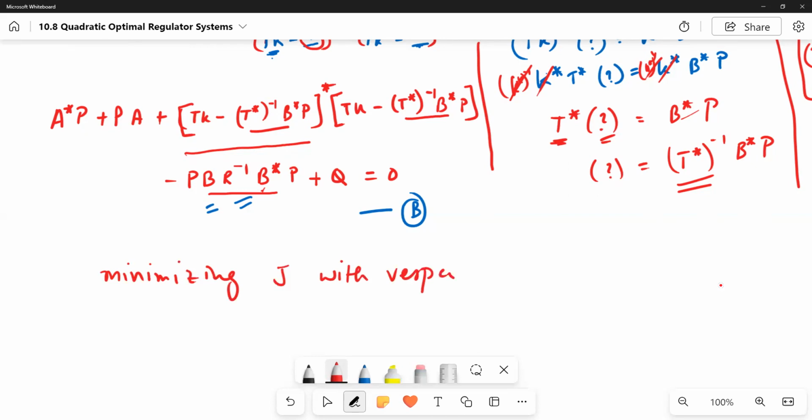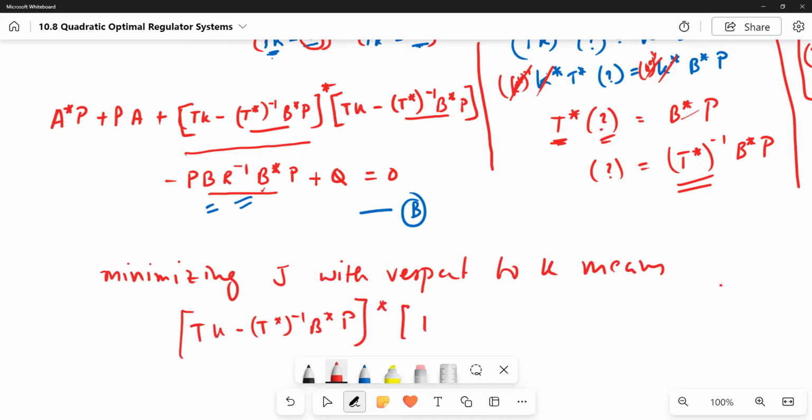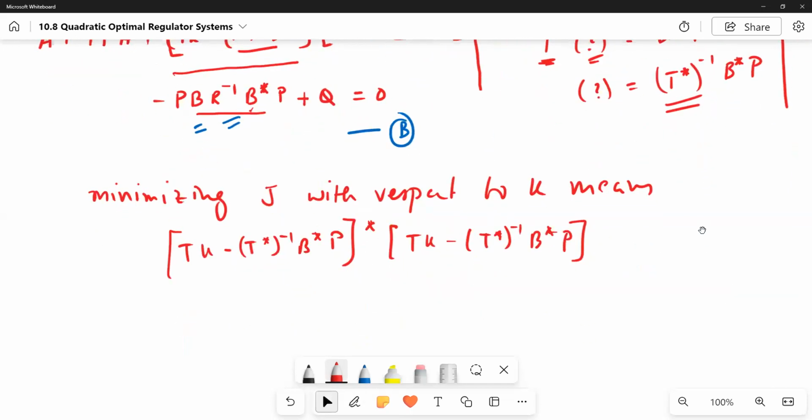with respect to K means ultimately minimizing (Tk minus T star inverse B star P) star times (Tk minus T star inverse B star P).